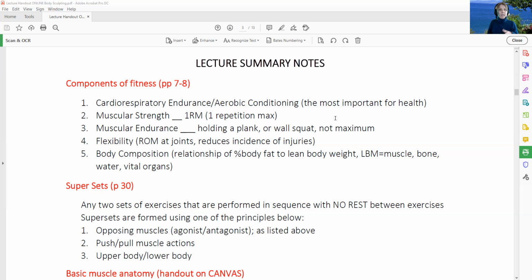But again, the myth of losing weight is not the same as changing your body composition, because body composition means the relationship of your body fat percentage to your lean body weight percentage. Okay, lean body mass or lean body weight is composed of anything but fat in your body.